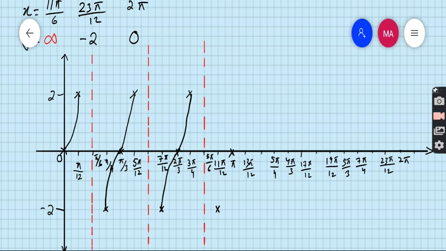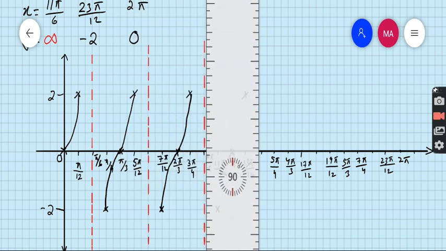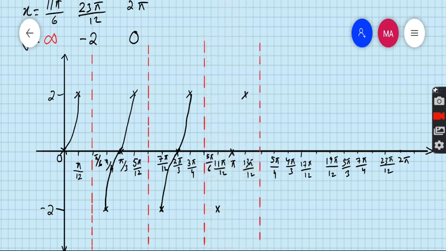13 pi by 12, the value is 2. 7 pi by 6, the value is undefined. This is 7 pi by 6.